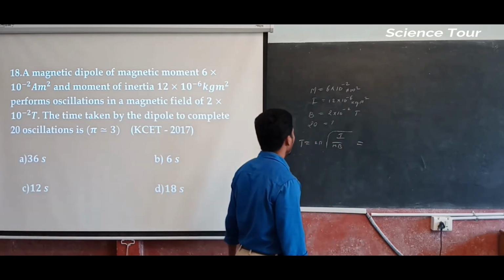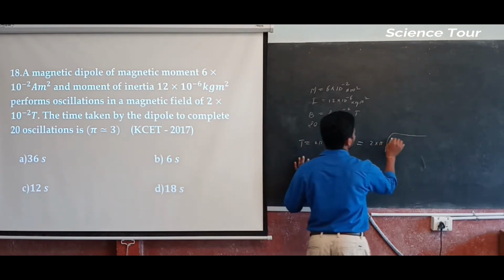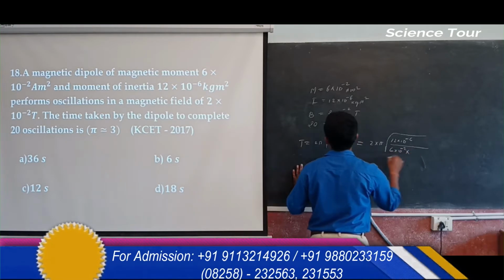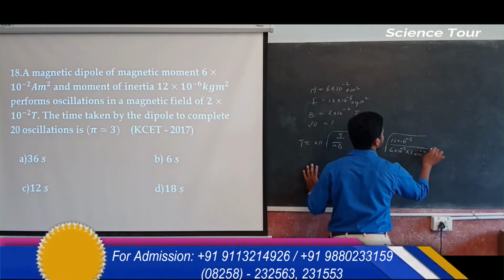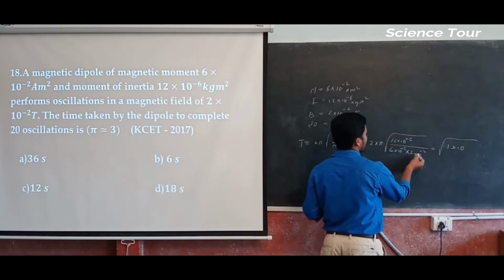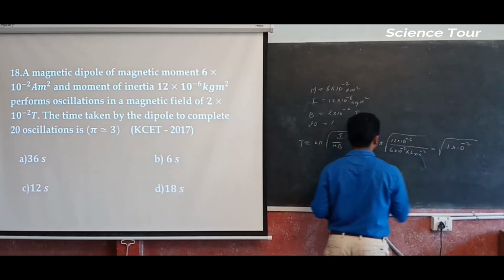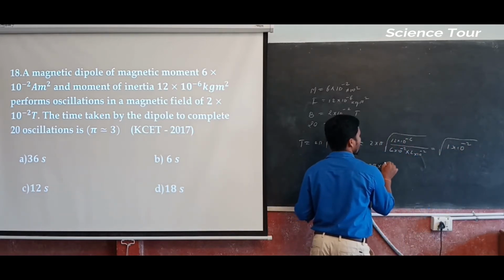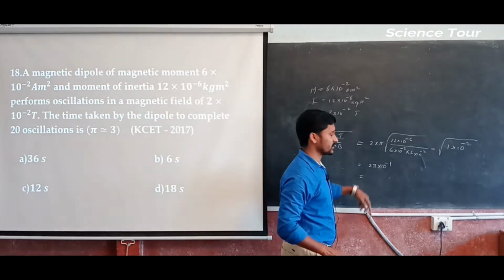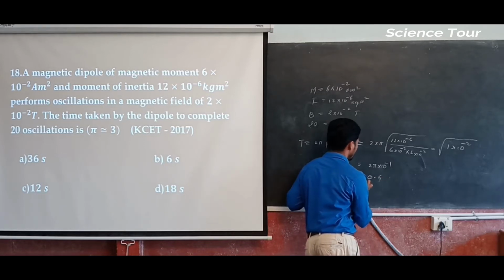So how can I calculate? 2 into pi into square root of I, that is 12 into 10 to the power minus 6, M that is 6 into 10 to the power minus 2, B is 2 into 10 to the power minus 2, which is 6 to the 12, 1 into 10 to the power minus 2 cancels with minus 2, 4 is cancelled, so 2 pi into 10 to the power minus 1 is remaining. 2 threes is 6.28 we are going to get, divided by 10, that is nearly equal to 0.6.